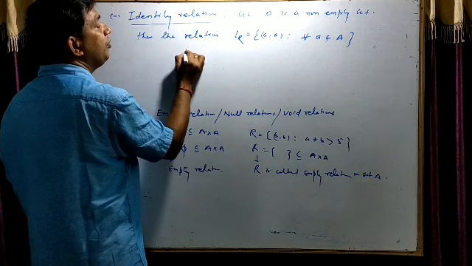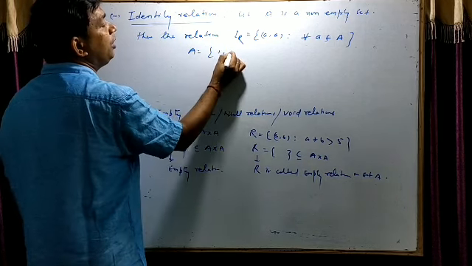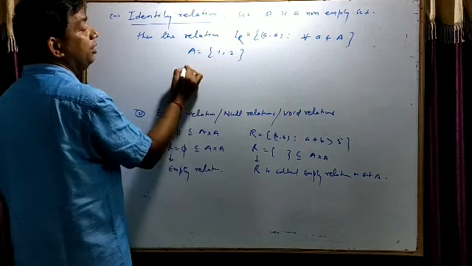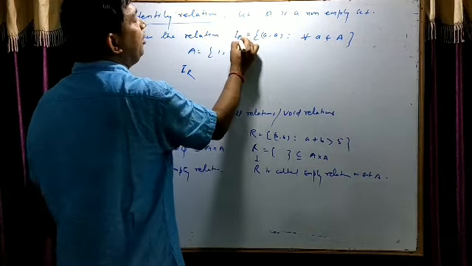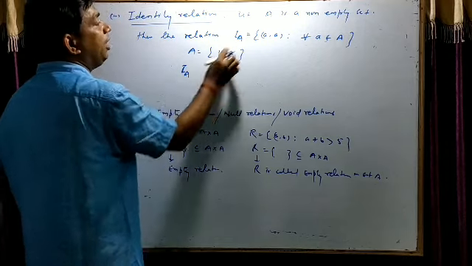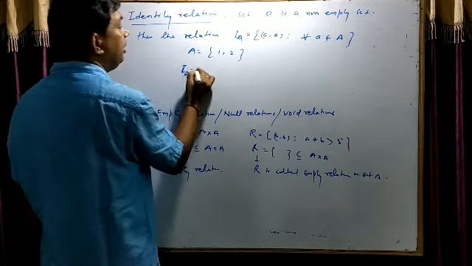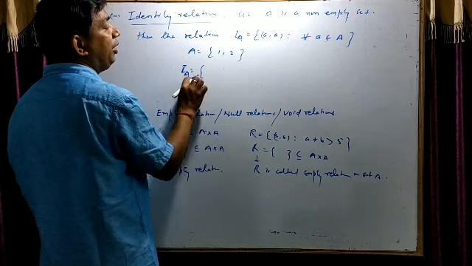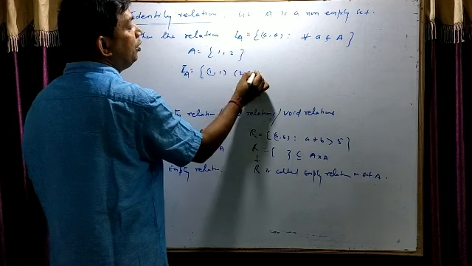Like A equal to suppose {1, 2}, then if I write identity relation on set A, it is I_A, meaning relation defined on set A. So (1,1) and (2,2).